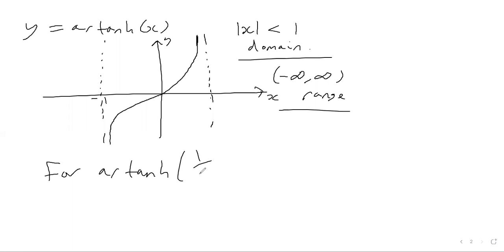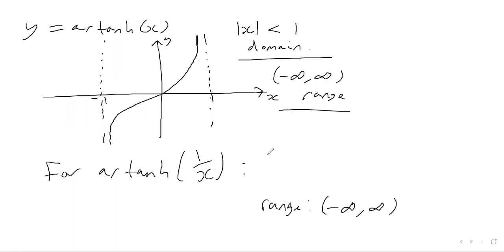The range is still the same as the original function, because the range of the artanh function never changes, or of any function that you work with for that matter.